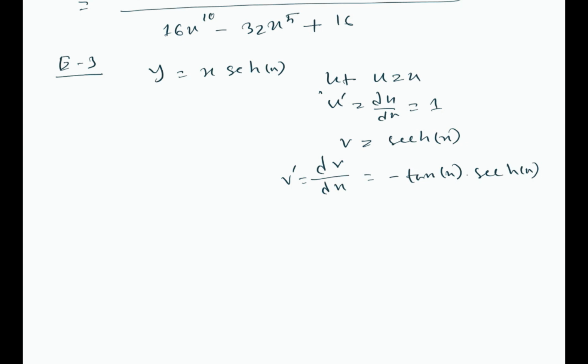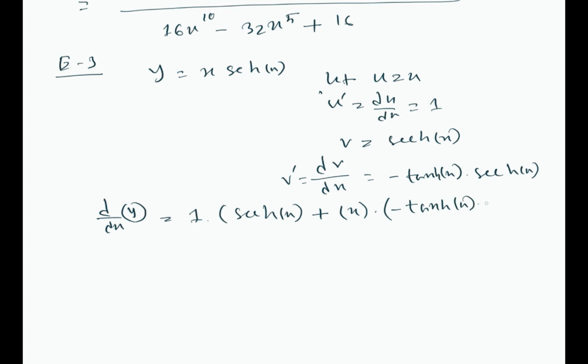So according to the product rule, I can write d dx of y is equal to, first we need to write the u prime. So u prime is 1 times b. So what is b? Hyperbolic sec of x, right? Then we need to put plus sign, and now our u. What is u? u is x times b prime, which is minus hyperbolic tan of x times hyperbolic sec of x.